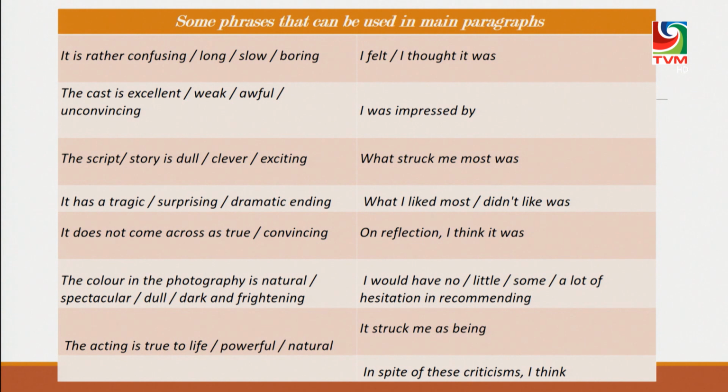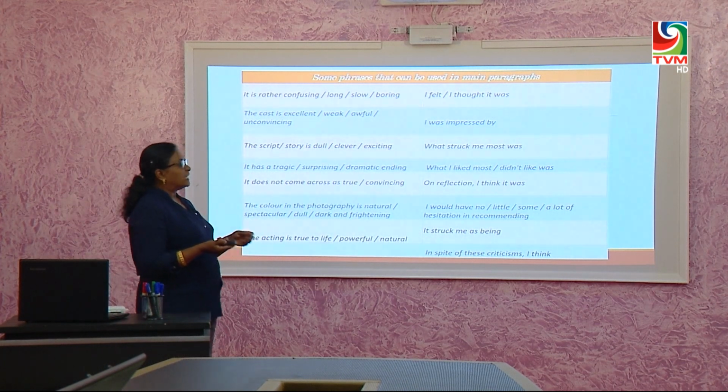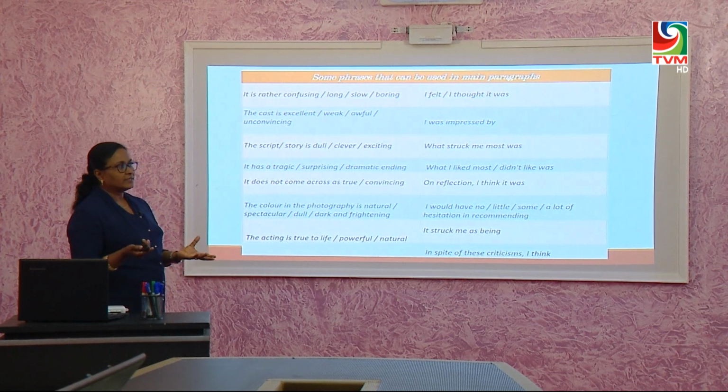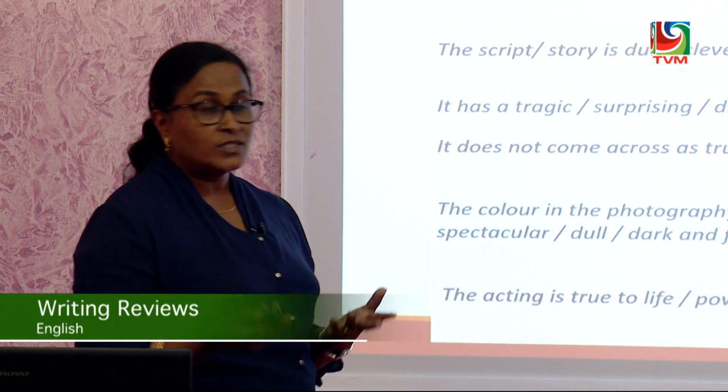You can say whether it was boring or whether the cast was very excellent, whether it was weak, whether it was awful, and the script or the story is dull, clever, exciting. You can use all the adjectives that you are familiar with, and you can always express yourself, or whether you felt that the movie was excellent, and whether you were impressed by the way the actor acted, or the costumes, the light effect, the sound effect.